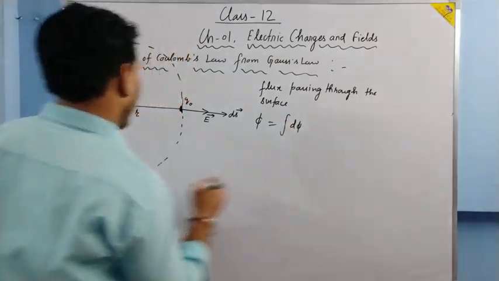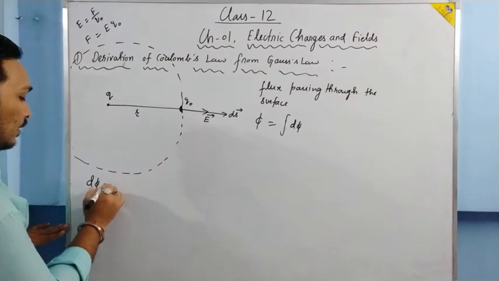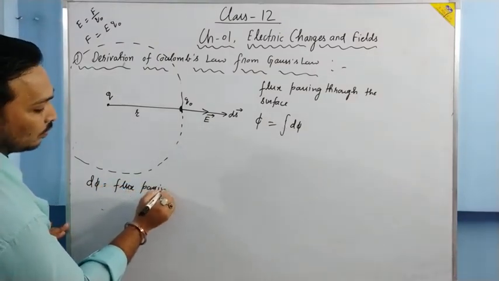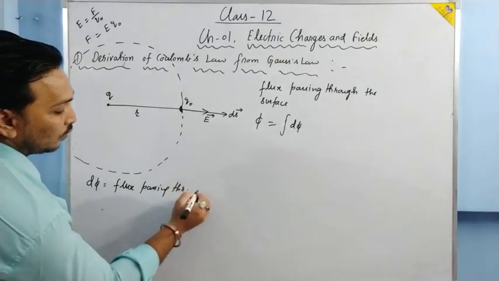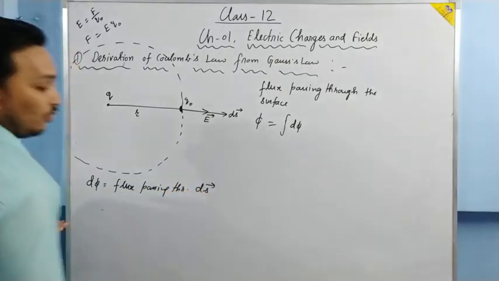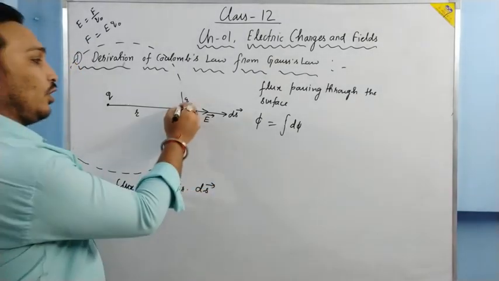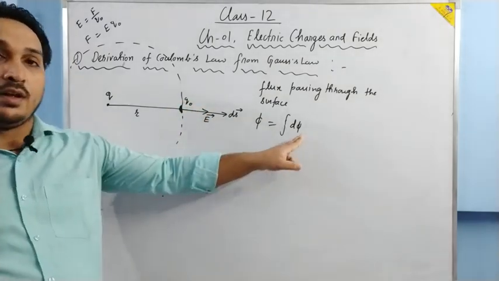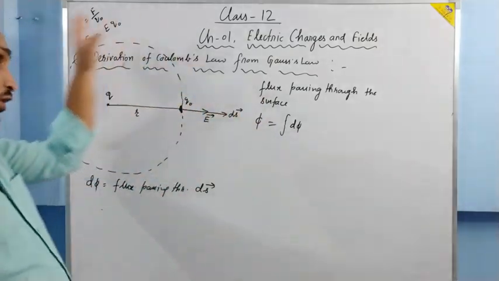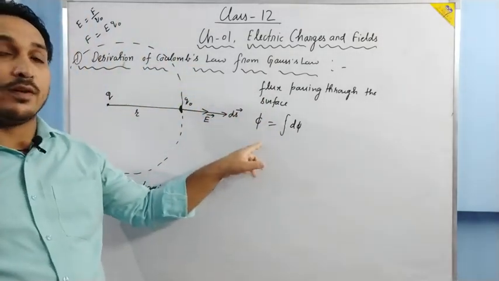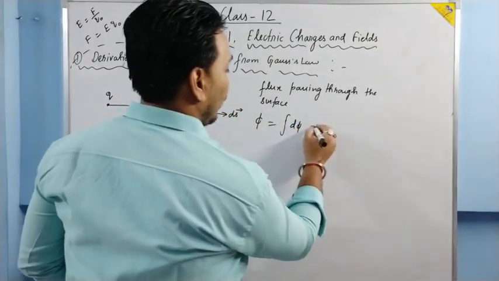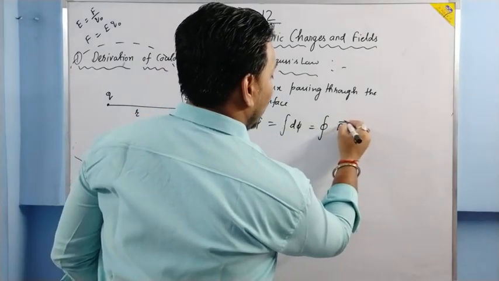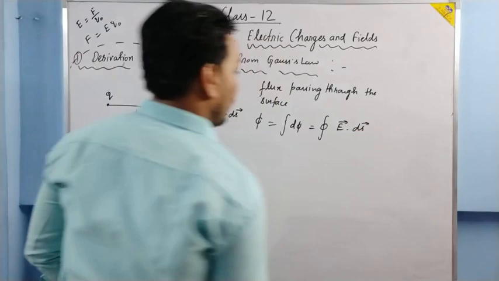What is d phi? d phi is the flux passing through ds. Okay, ds is the small area we have taken through which the flux is passing, that is our d phi. So when we integrate d phi for the whole surface, we'll get the value of phi, and the value of d phi will be equal to E vector dot ds vector.